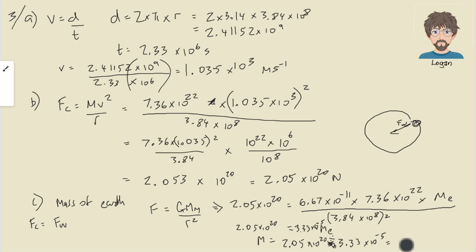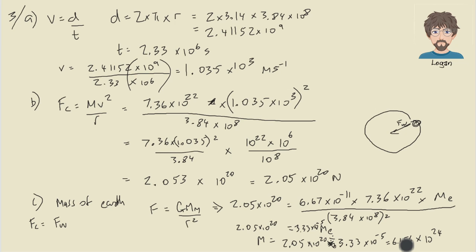It's really a show that question when you've already been provided it, isn't it? 2.05 times 10 to the 20 equals divided by 3.33 exponent negative 5. This time I get 6.156 times 10 to the 24, which is closer to the mass of the Earth.